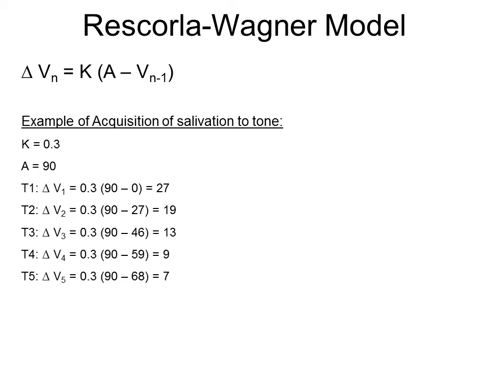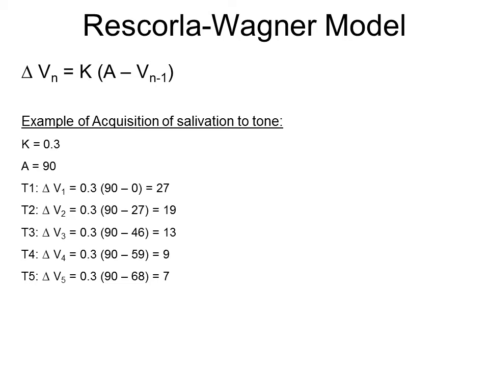Again, looking at the numbers, we can see that this element of surprise that Rescorla and Wagner wrote about is being borne out in our example. As we increase the trial number, the actual change in conditioning is going down. So now, what I would like students to be aware of is how to turn these numbers into an acquisition curve.